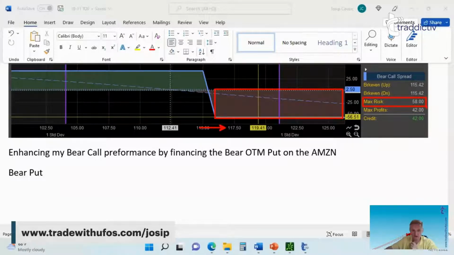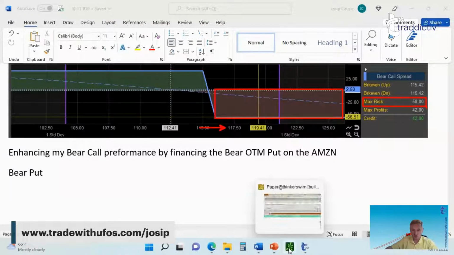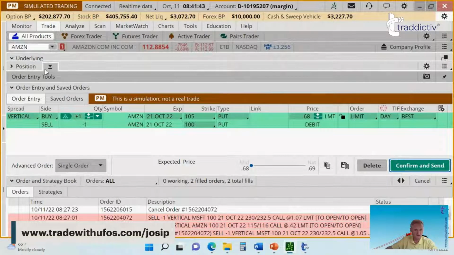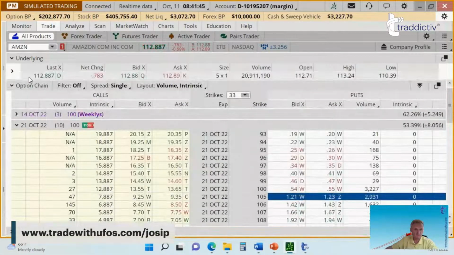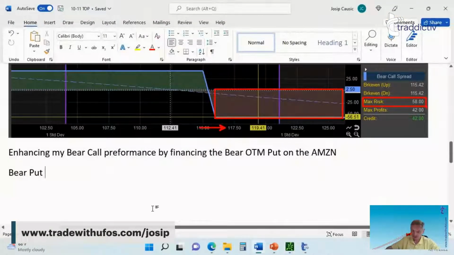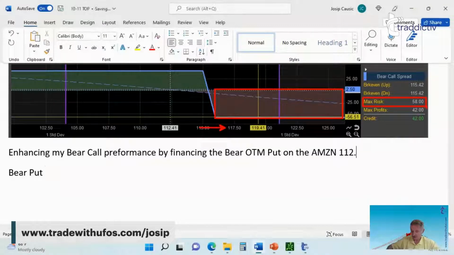So if we are currently sitting on Amazon, let me just get the exact price, at 112.90, and let's say we don't even hit my target on a bear put spread. So let's say my target is anywhere around 102. Well, let's just say 102.